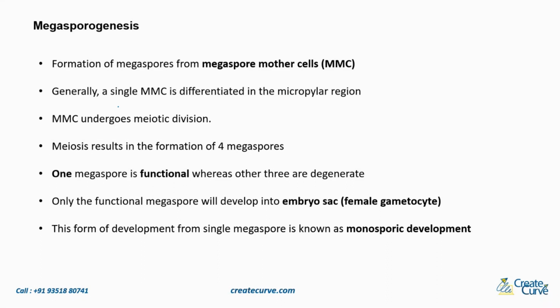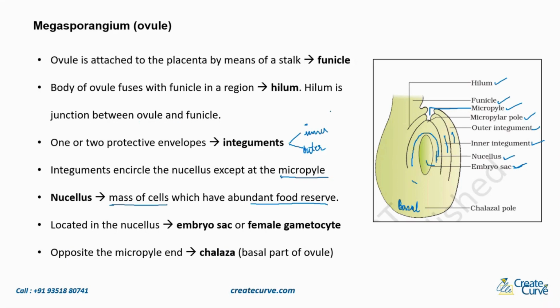Generally, a single MMC is differentiated in the micropylar region, where the megaspore mother cell will undergo meiosis, or meiotic division. Where is the micropylar region in this? This top end over here is the micropylar pole.